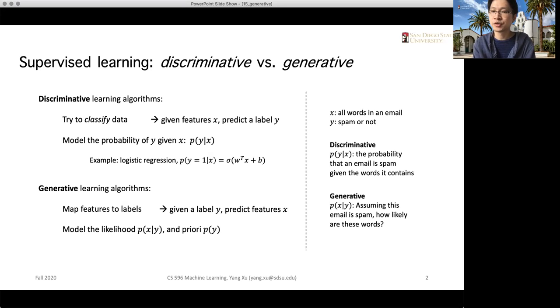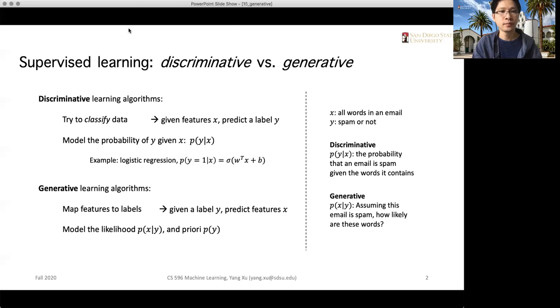Assuming this email is spam, how likely do I expect to see words like promotion, market, products, and so on? So these two paradigms think of the problems in opposite directions.